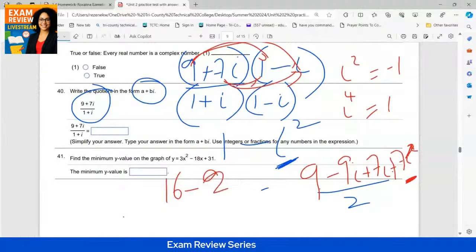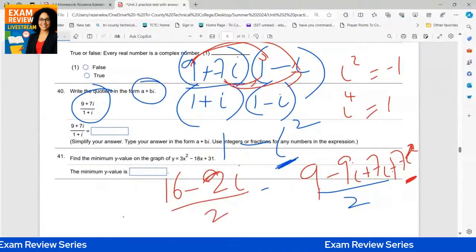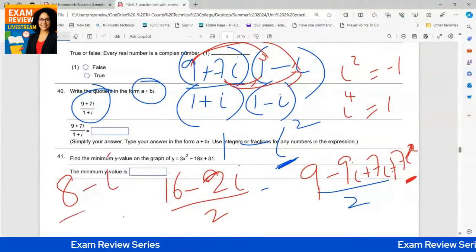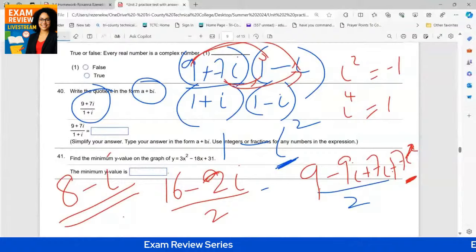Negative 2i divided by 2. Okay, so simplifying, I have 8 minus i. My function is now in the standard form of a complex number, where the real part is 8, the imaginary part is -1.